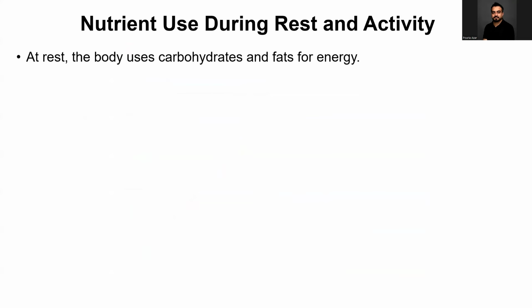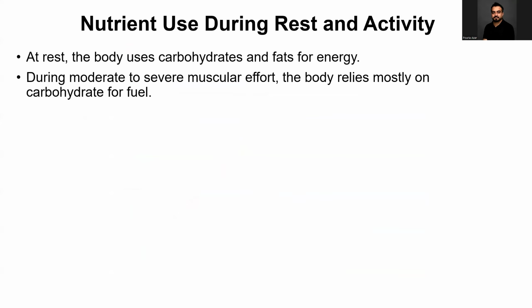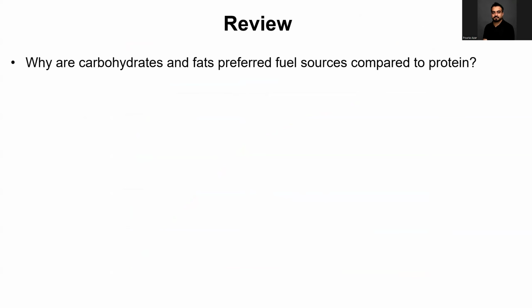So at rest, the body uses carbohydrates and fats for energy. And during moderate to severe muscular effort, the body relies mostly on carbohydrate for fuel. Why are carbohydrates and fats preferred fuel sources compared to protein? What do you think about this?